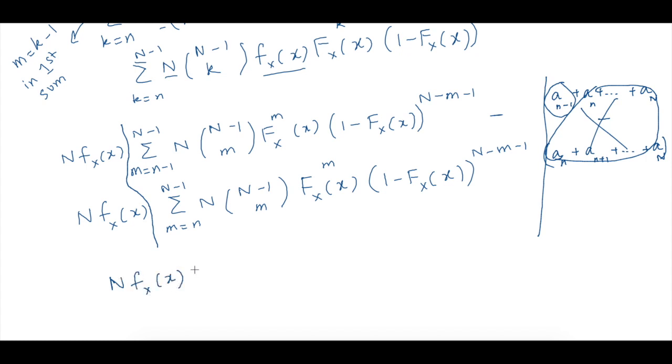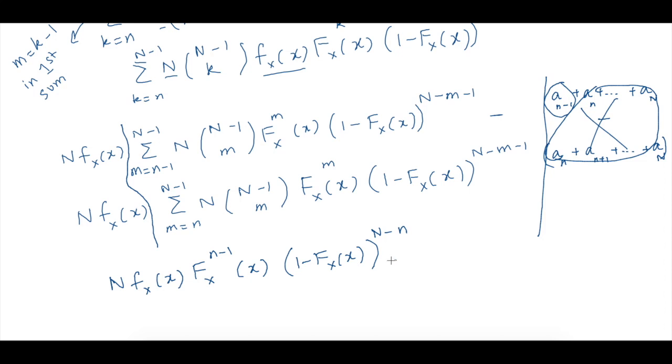F(x)^(n minus 1), and then (1 minus F(x)). Now if I put n minus 1 here, then it will be n minus n plus 1 minus 1, so I will just say n minus n.